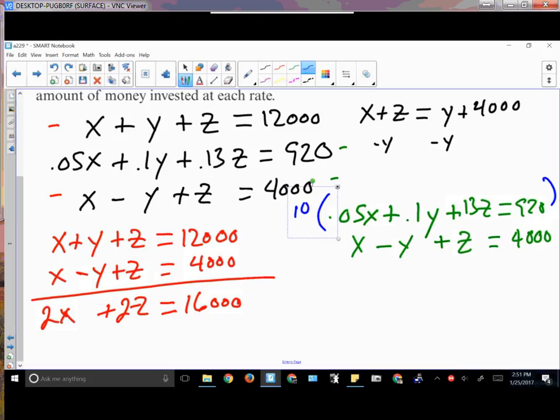That makes sense to do, because that'll move the decimal point over one place on every one of them. So that gives me 0.5x plus 1y plus 1.3z is equal to 9200. Remember, decimal points just go over 1, over 1, over 1, over 1.